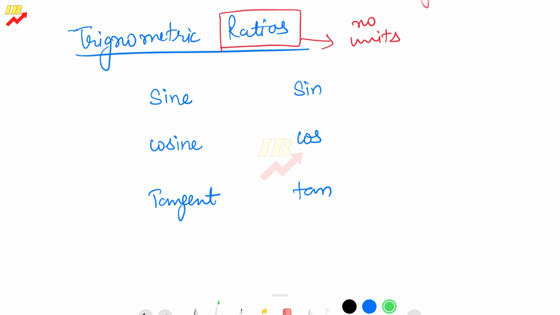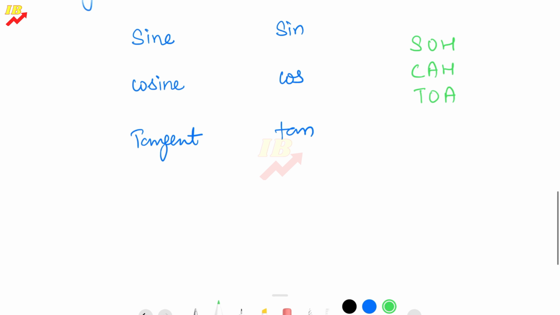Second thing is, we can learn this by using one trick that is called SOHCAHTOA. So what is SOHCAHTOA exactly? Let's come back to the triangle again.